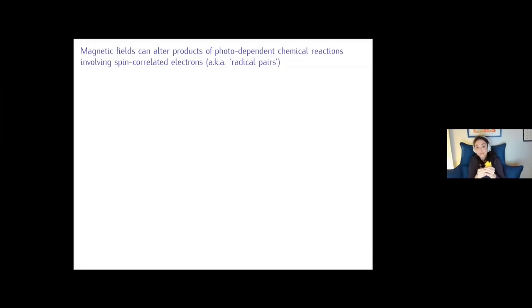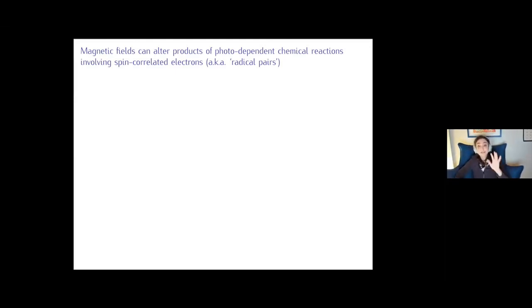All I'm saying is that an external weak magnetic field, or changes in it, is going to alter the probability that the spins at the top of a chemical reaction are found in a triplet or singlet state. So effectively, an external weak magnetic field can alter chemical pathways in chemical reactions, in specific molecules.